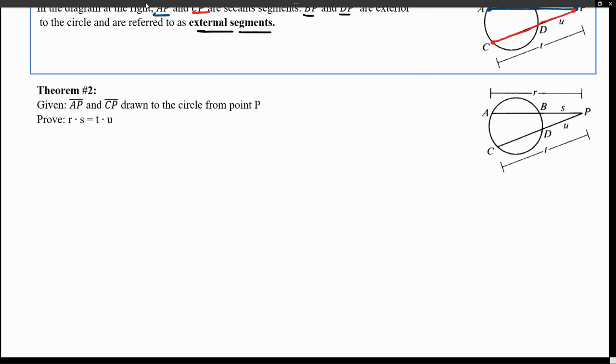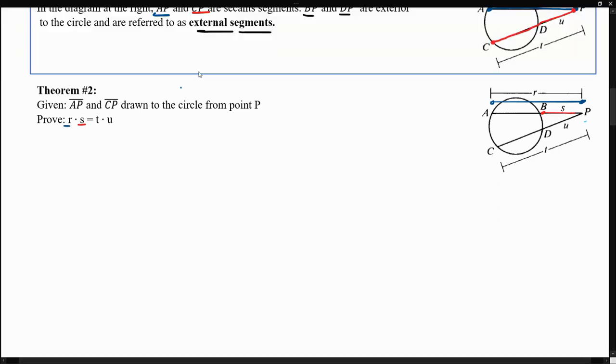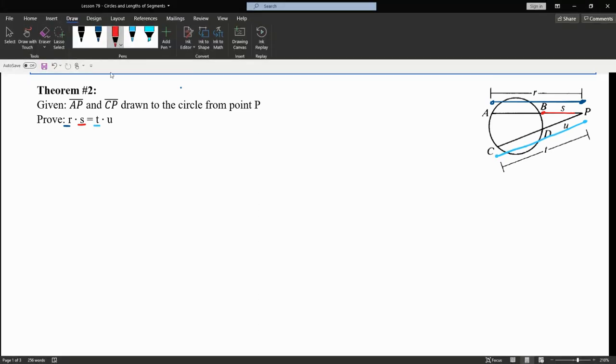And that relationship is that when we have two secant lines here, if I take a look at the whole secant line, which in this case is represented by R, and I multiply by its external segment, which in this case is S, so the whole times the external, that is going to be equivalent also to the whole of the other secant line times its external.